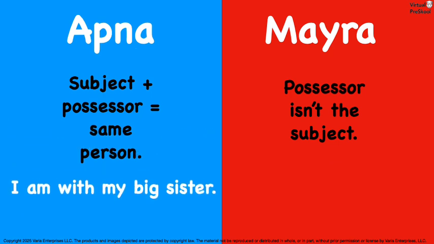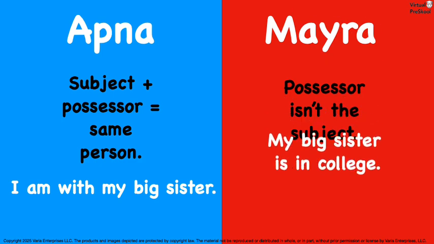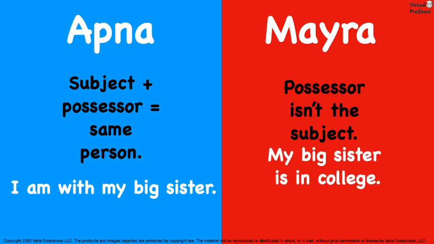I am with my big sister. I and my refer to the same person. Versus my big sister is in college. We just have my in this one, and we're talking about my what? My sister. Okay, so I and my are both in the sentence and refer to the same person. Whereas in the mera example, my big sister is in college, is just one person that we're talking about.